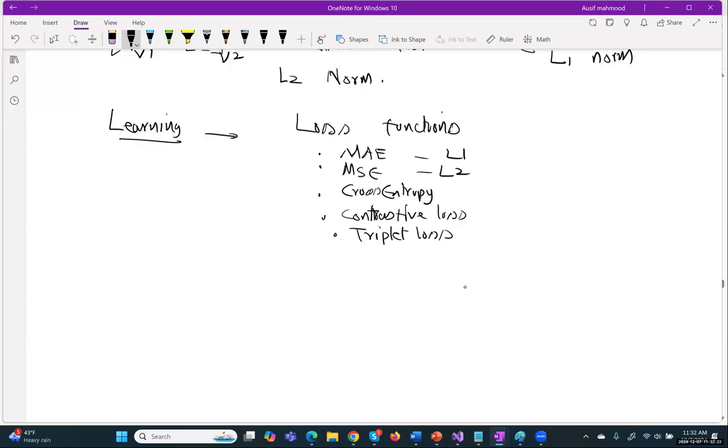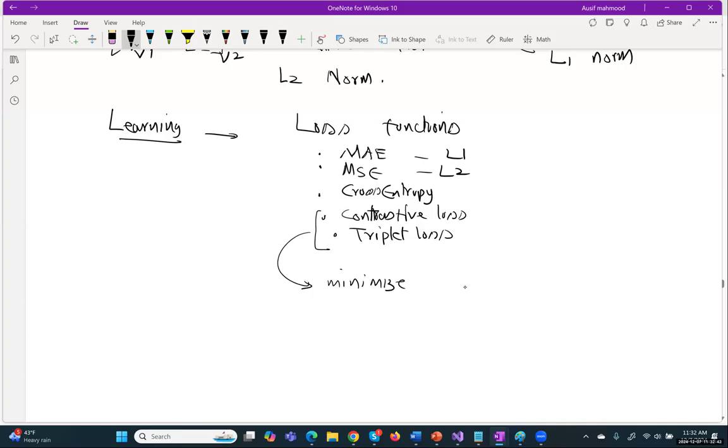If you take a look at the majority of these, for example, contrastive loss or the triplet loss, what is the key idea in both of these losses? What are they trying to minimize or maximize?